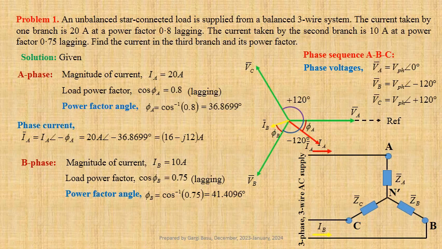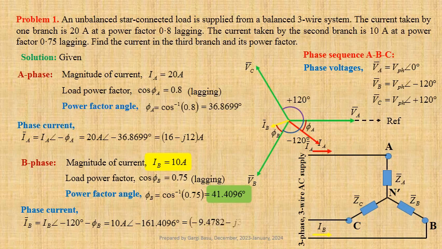Therefore, in complex form, phase current IB equals IB at an angle minus 120 degree minus phi B, that is equal to 10 ampere at an angle minus 161.4096 degree. In Cartesian form, this may be expressed as minus 9.4782 minus j times 3.188 ampere.